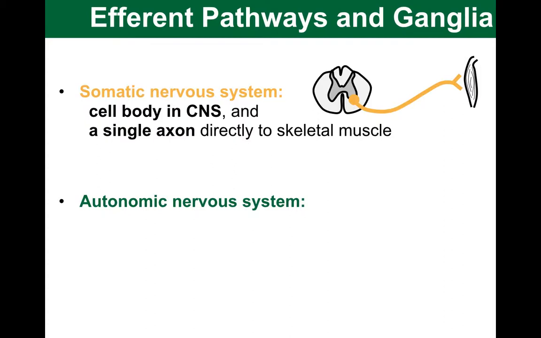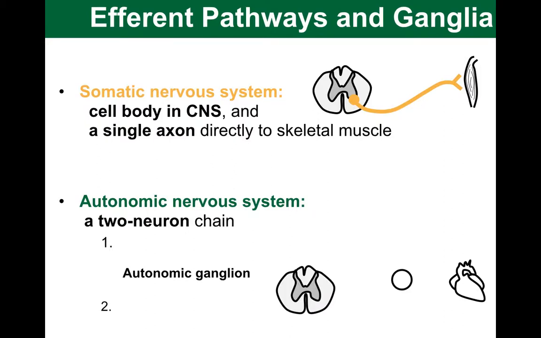In the autonomic nervous system, in contrast, we have a setup of two neurons. And these are the preganglionic neuron with its cell body within the central nervous system, and this neuron's axon is thin and lightly myelinated. That then ends at the autonomic ganglion.